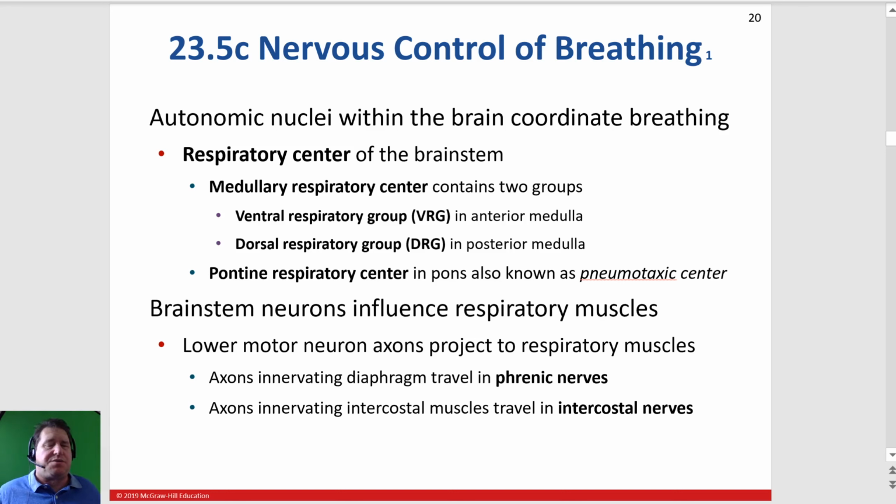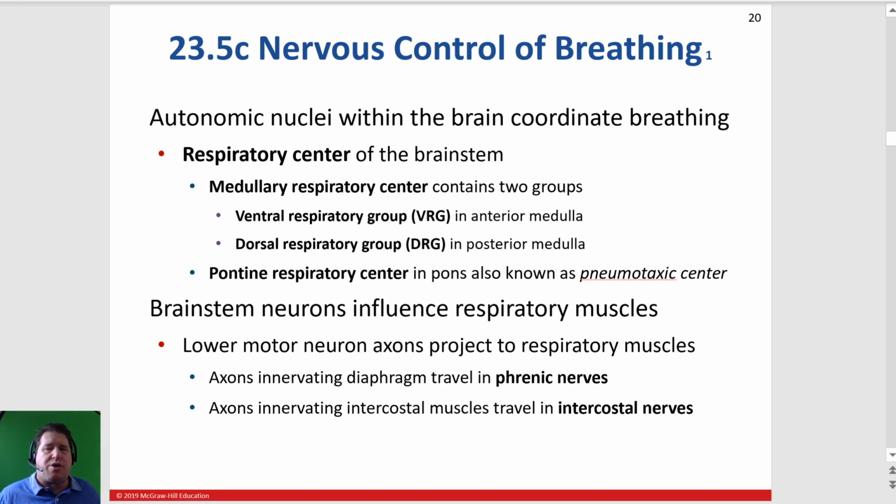How is all this controlled in the nervous sense, from the respiratory sense, nervously? The respiratory center of the brainstem consists of the medulla oblongata, the medullary respiratory center in two places in the medulla, and then the pons has a spot too. So basically, it's in the brainstem is what we're looking at. Brainstem neurons influence respiratory muscles.